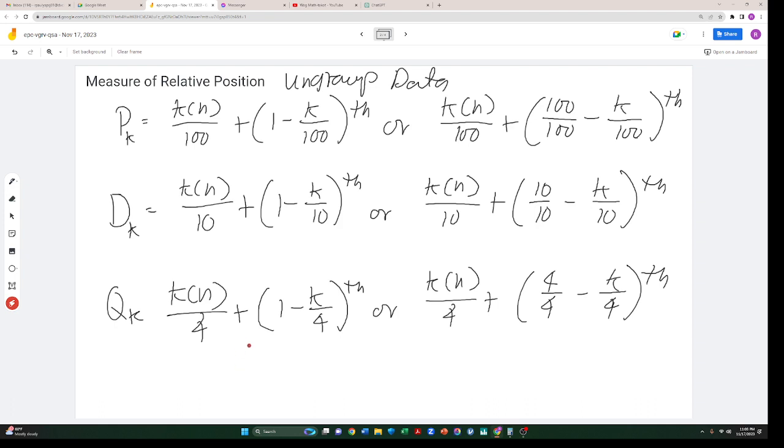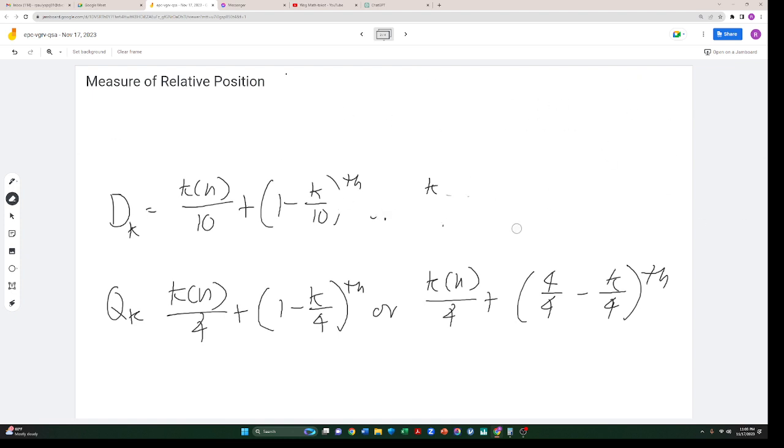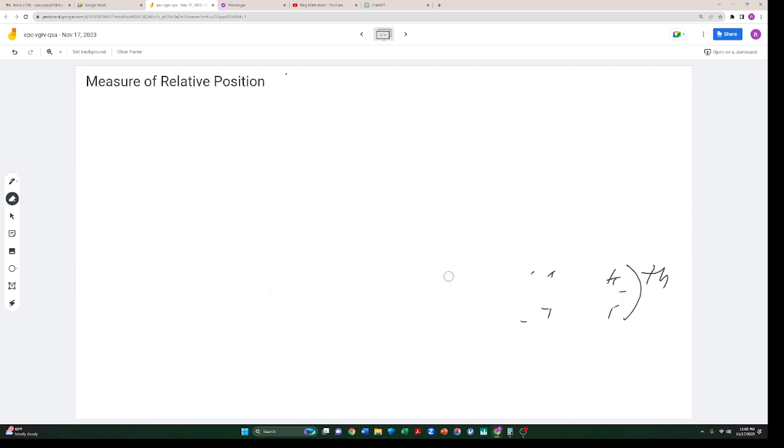So I hope you understood. Next, another problem: what if in a class of 50, Jason got a percentile rank of 65?